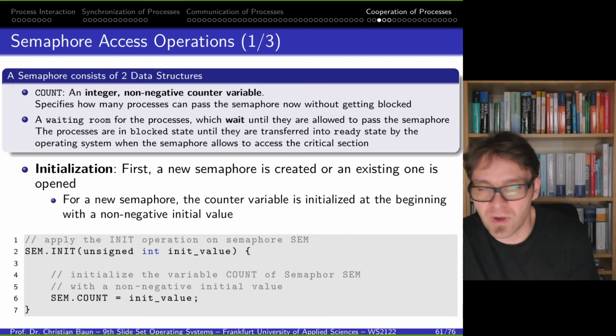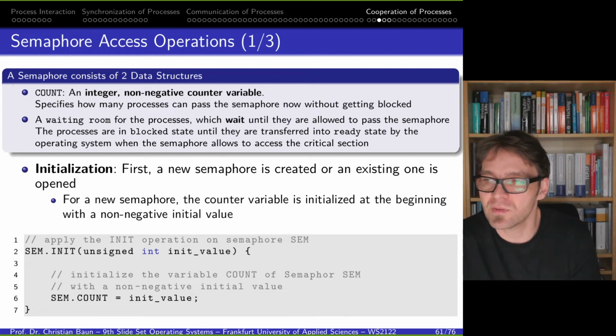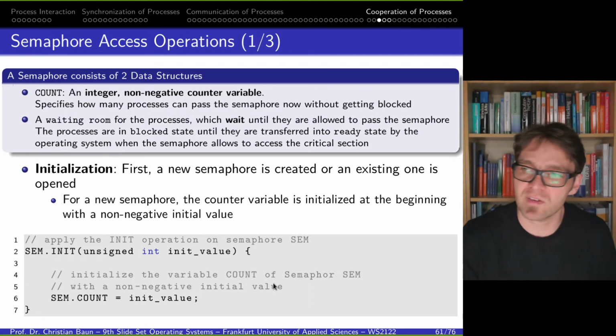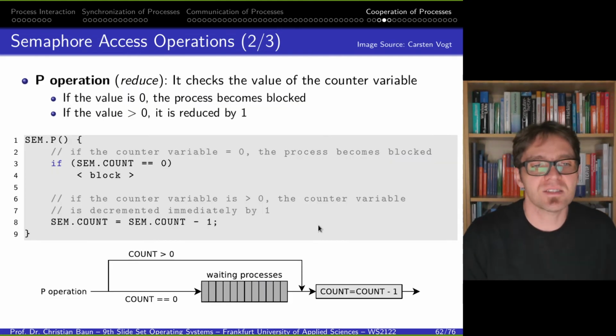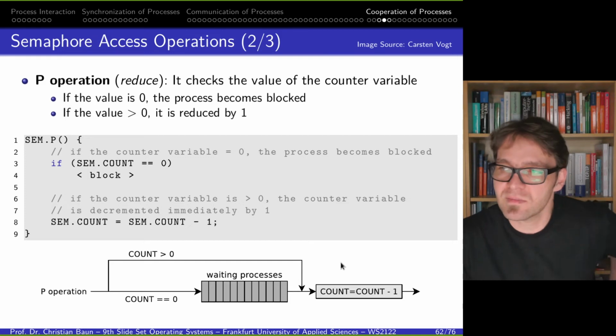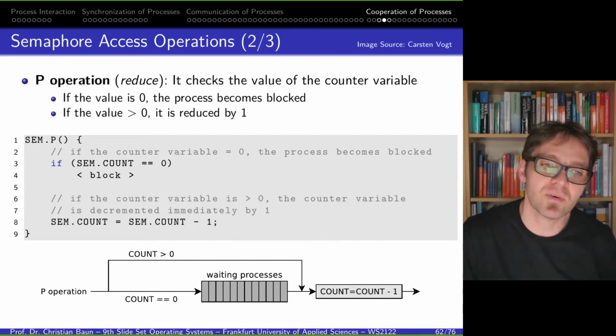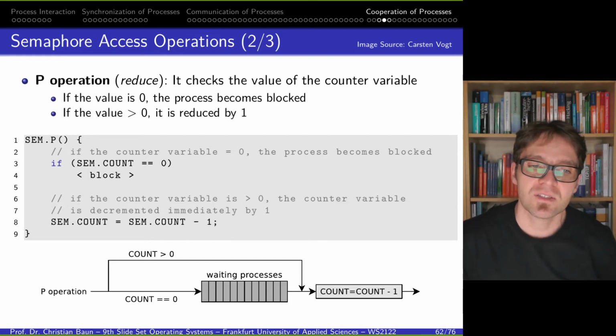So first, if you want to work with semaphores, you need to initialize a semaphore with an initial value. That's the maximum number of processes which can be inside the critical section. And next, the P operation will check: can the semaphore value be reduced?